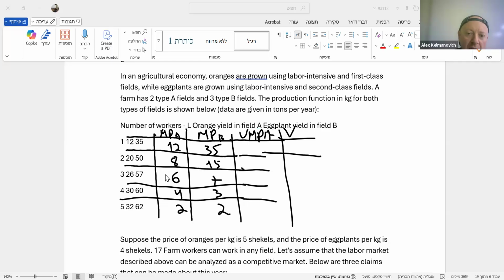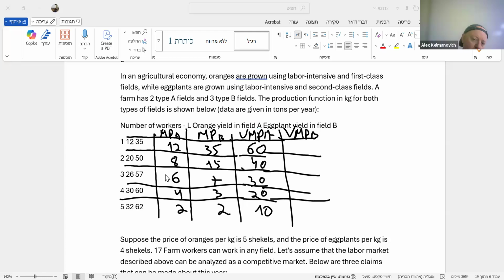So we have to multiply the MP of field A by 5 shekels and B by 4 shekels. So let's do it. 12 times 5 is 60, 40, 30, 20, and 10.